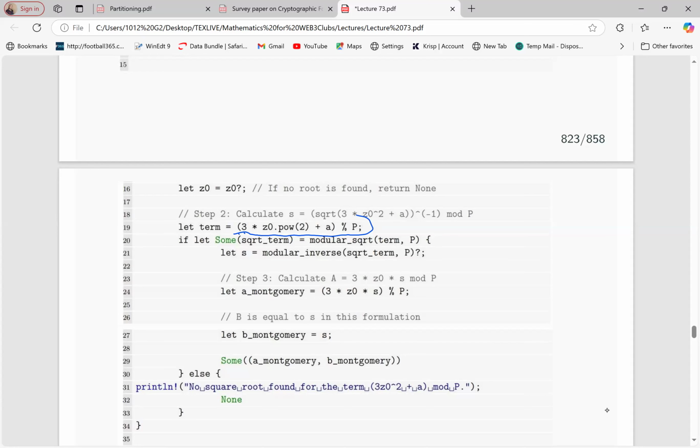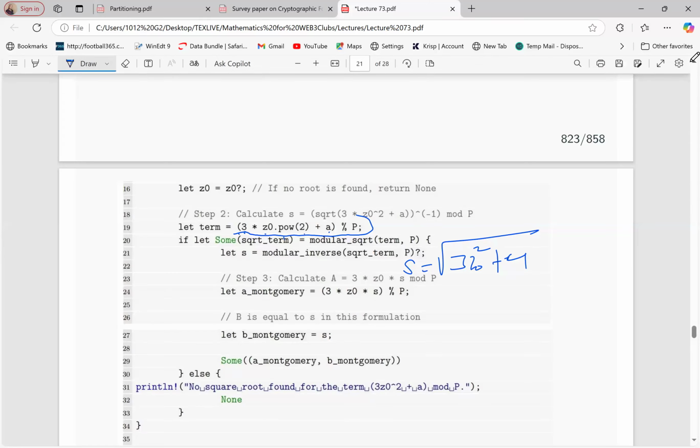Remember, the scaling factor S is the square root of 3 z0 squared plus A. I want to calculate the square root, but before that, I must first get what is under the square root, and what is under the square root is 3 times z0 raised to 2 plus A. So you just give this formula to the code, and it will do it for you.